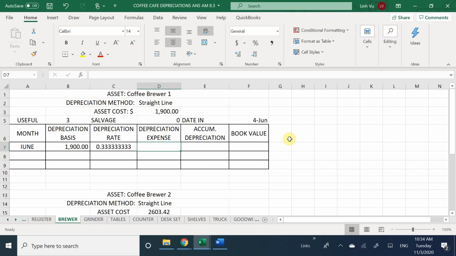Now, how do I solve for my depreciation expense? It's going to be basis times rate. Okay, basis times rate. $633.33. Okay, now let's look at our scenario again.